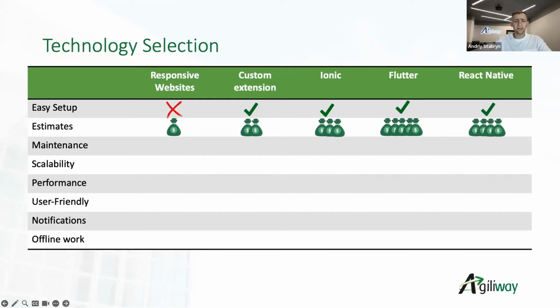Ionic is just a JavaScript website wrapped in a native application, so it lands in third place. The next is Flutter. It's a new language. It was a new language for us at that time.